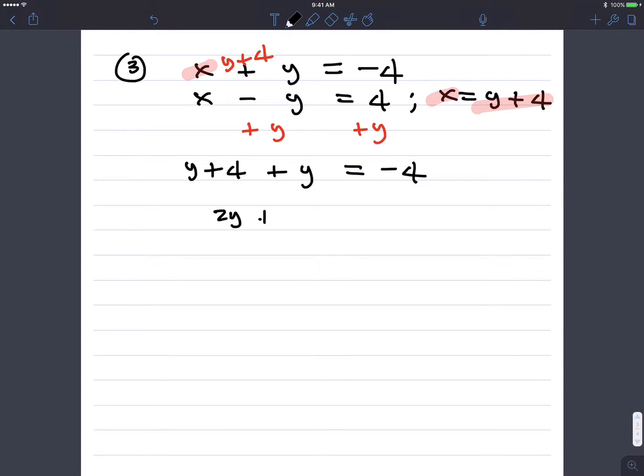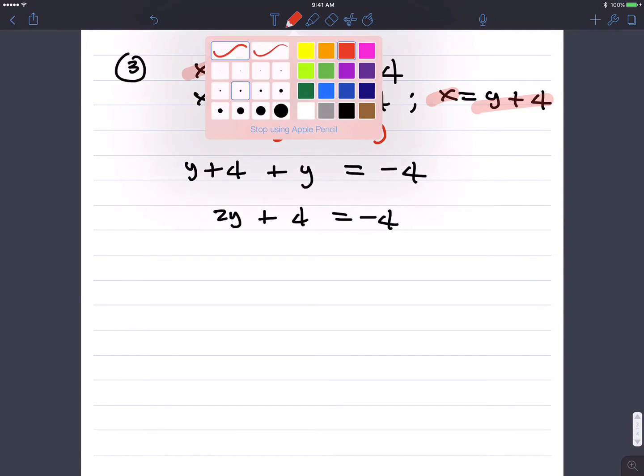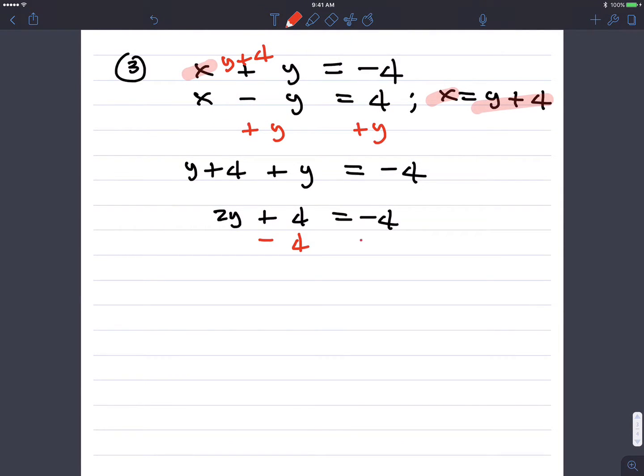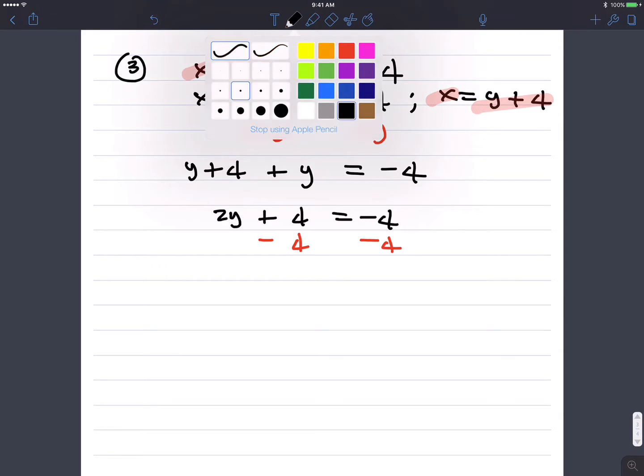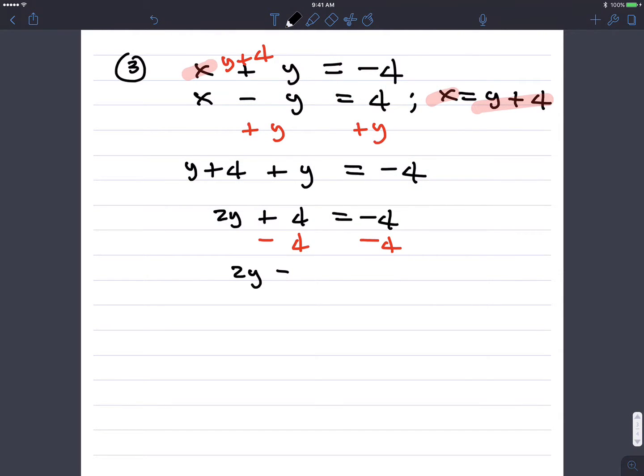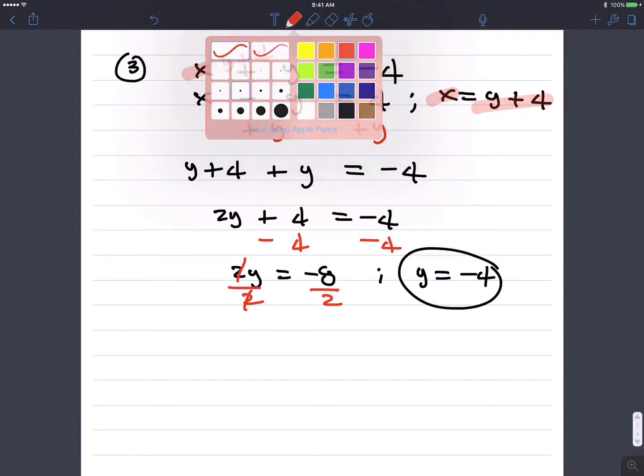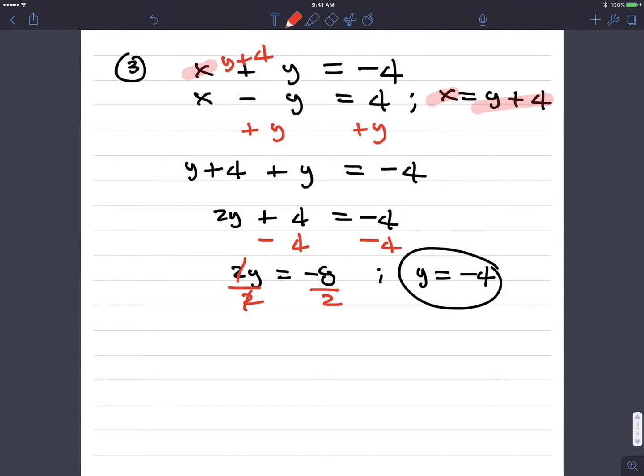We get 2y plus 4 is negative 4. We subtract 4 from both sides, and your 2y will be negative 8. Divide both sides by 2. Y is negative 4. We're going to now use back sub.